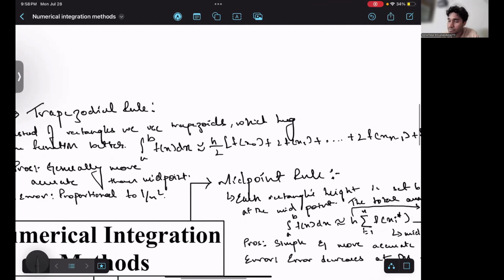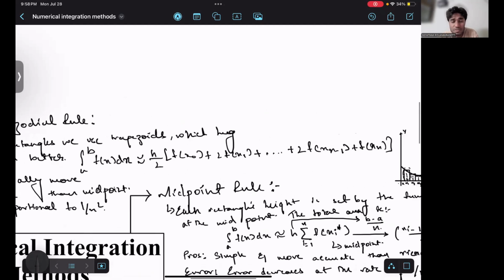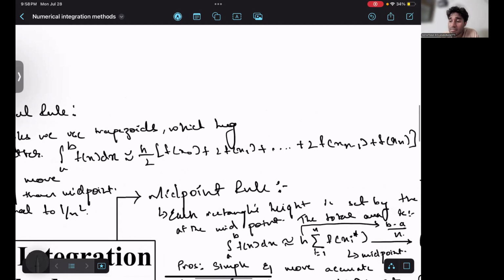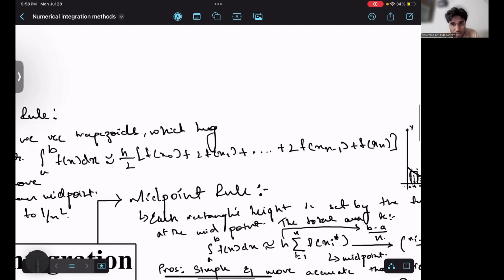So the formula for the trapezoidal approximation for the integral of f of x dx over a to b is approximately equal to half of h, or the size of the interval, into f of x naught plus 2 into f of x1 plus 2 into f of x2 and so on till 2 into f of x n minus 1 plus f of xn.